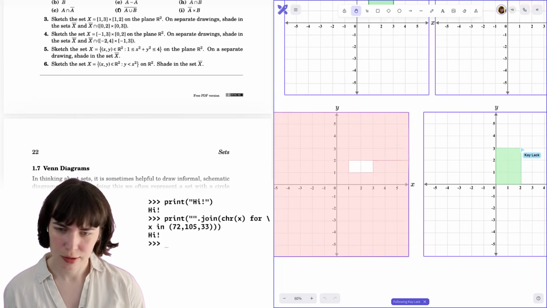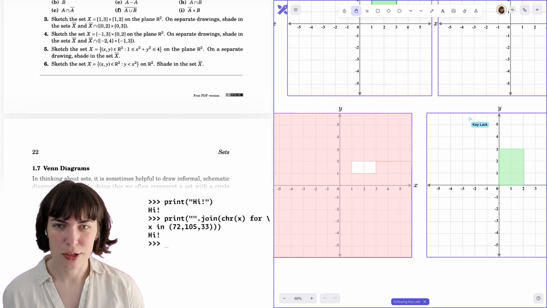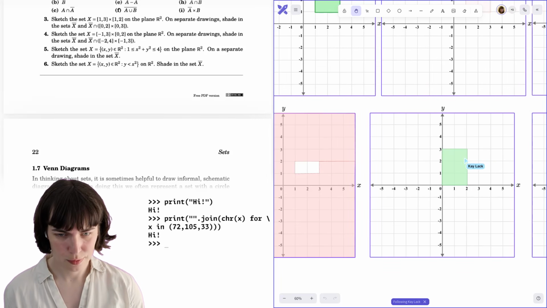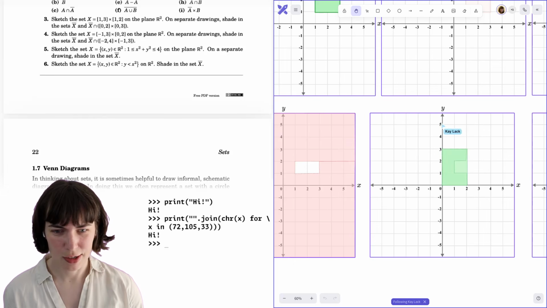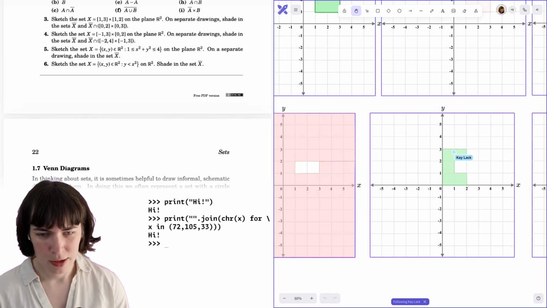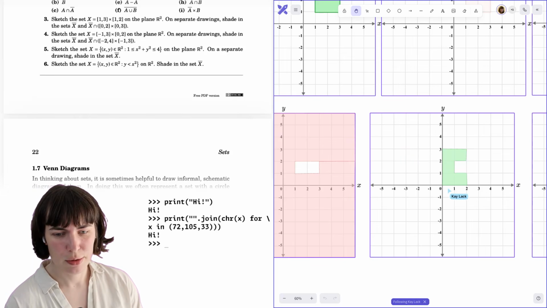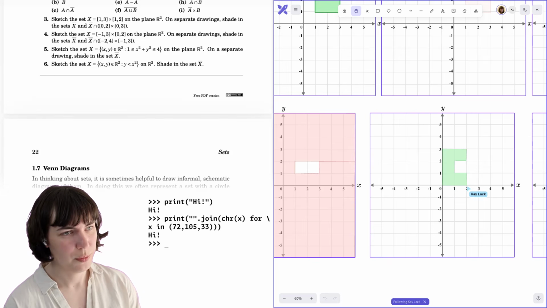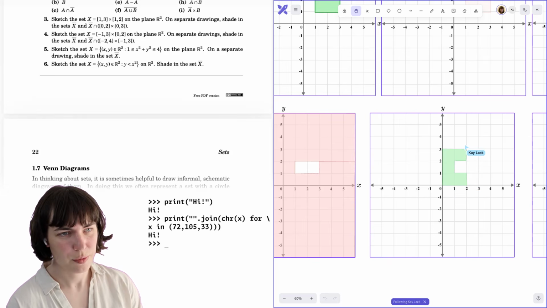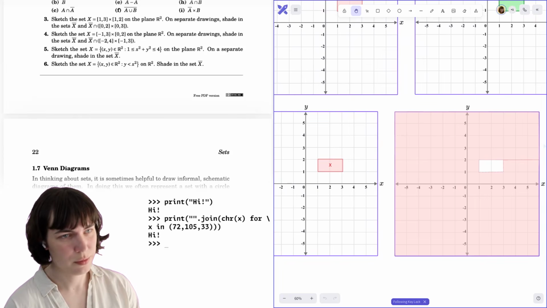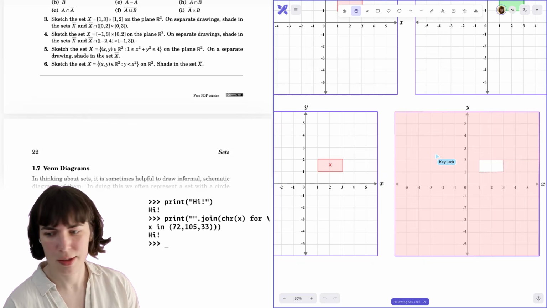So actually, it's like a little cutout. Unless I've made the same mistake again. Got to double check my work because I'm clearly in one of those moods. Okay. Alright, so 0, 2, 0, 3, rectangle, 1, 3, 1, 2. Okay, I think that's right.